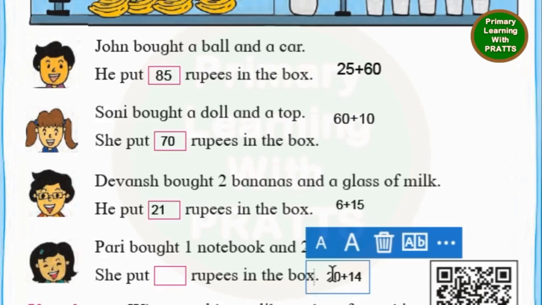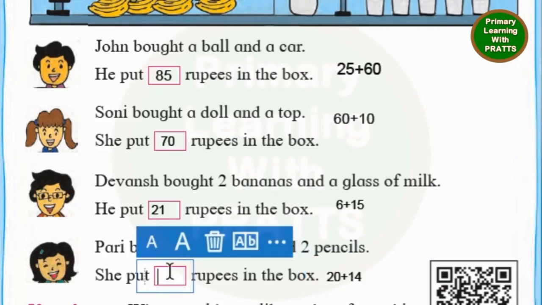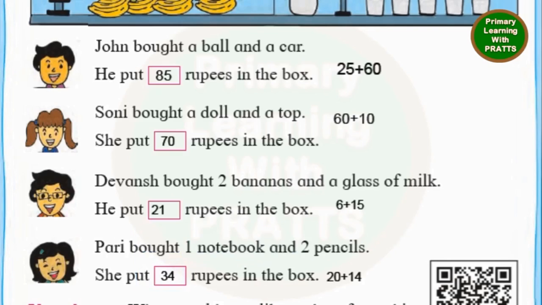Now you must learn the rupee symbol and you can write rupee over here when you are writing down the price for each item. So 20 plus 14 is equal to rupees 34. 20, 30, 31, 32, 33, 34. So the answer is 34. She put rupees 34. And in this manner we have completed our currency and notes and coins.